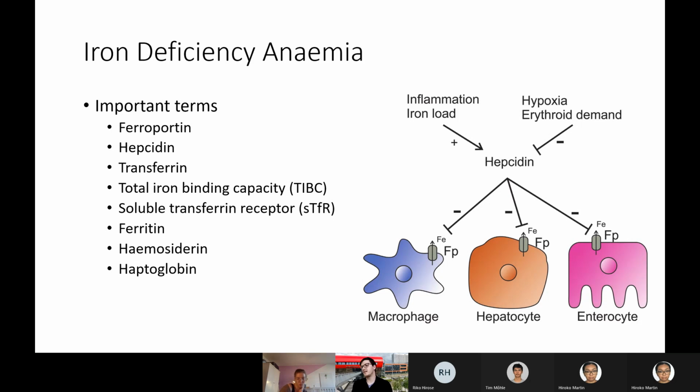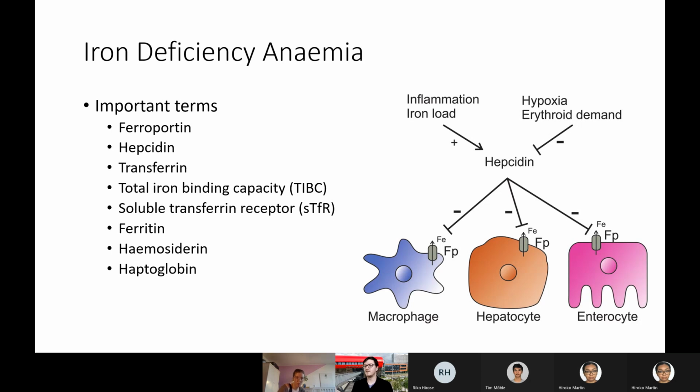Then transferrin has to bind to something in order to release that iron and give it to the cell. That thing is a receptor, called the soluble transferrin receptor, STFR. It's important to mention those proteins because we'll be using them to diagnose anemias.